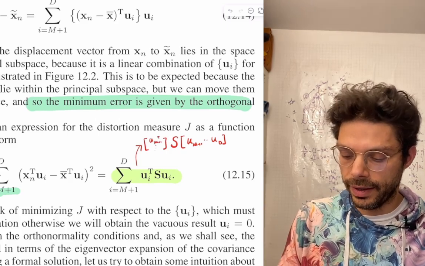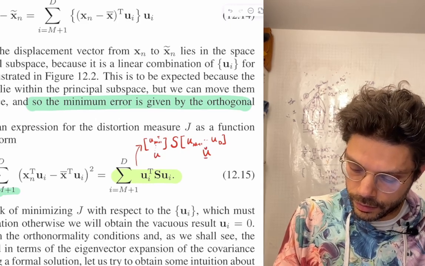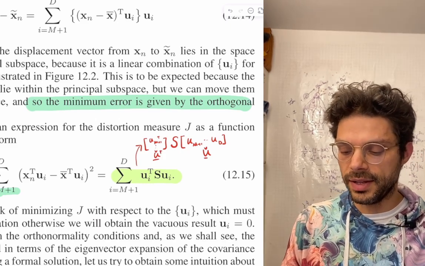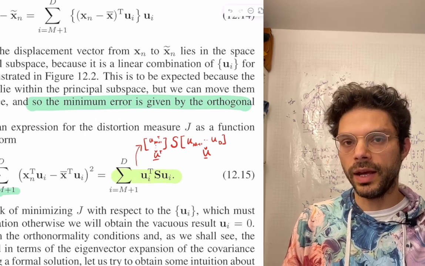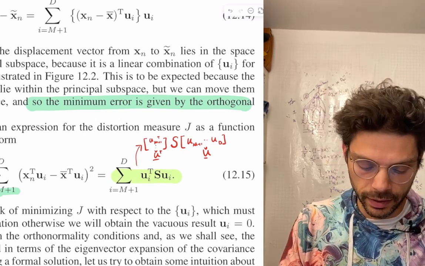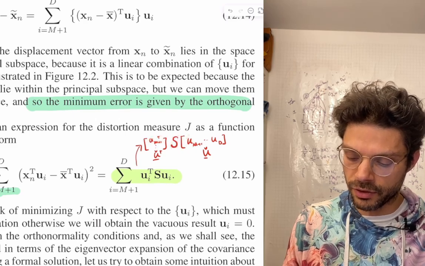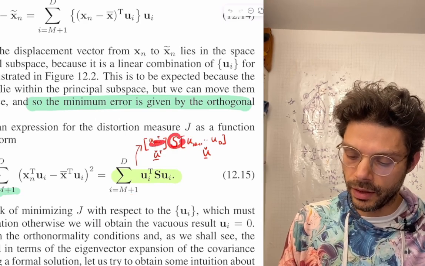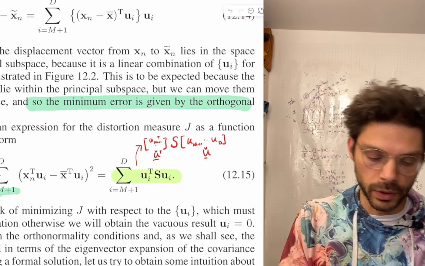Now let's call this capital transpose. Now we can see that we've got a matrix multiplication happening, but we're not taking all of the results. We're just taking the elements along the diagonal. We take the first row times this times the first column, that's i equal to m plus 1. Then the second row times this times the second column, that's the second element. And we're going to sum them up. So we can actually write this.